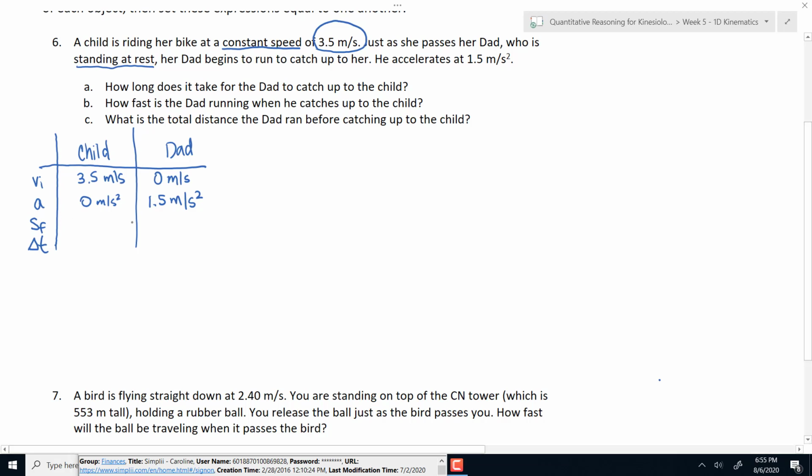So the SFs are equal to each other and the times are equal to each other. So I'm just saying that they're equal. So when we do questions where one object catches up to another, the approach is always to solve for SF for both the child and for the dad, and then to set those two equations equal to each other.